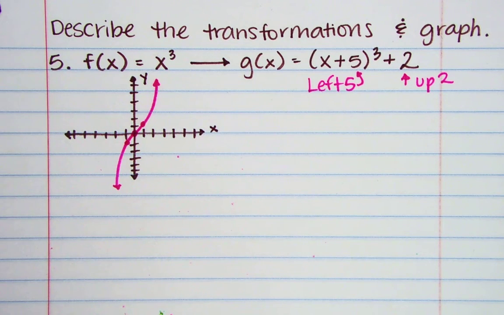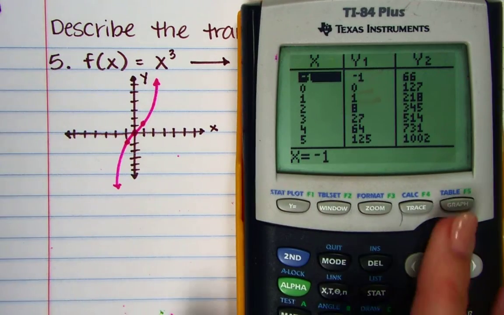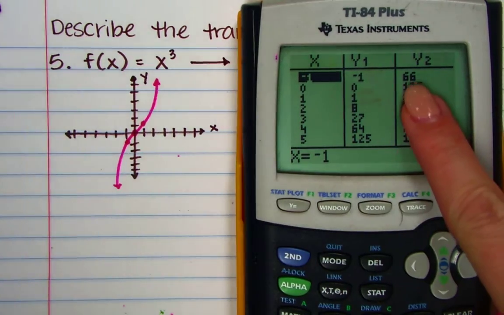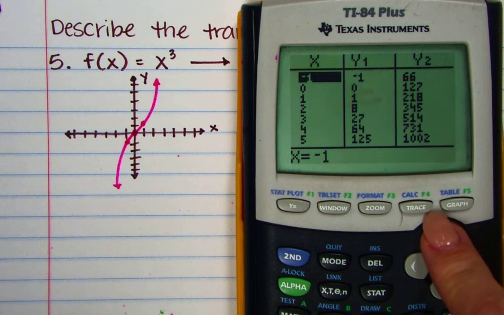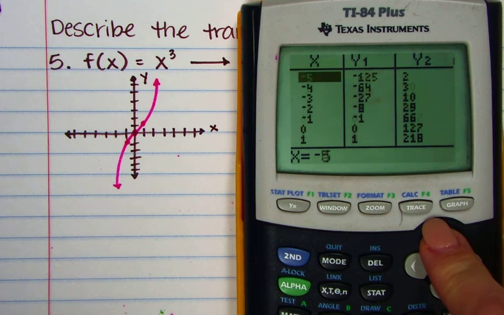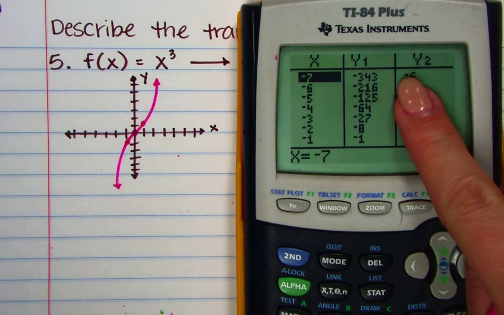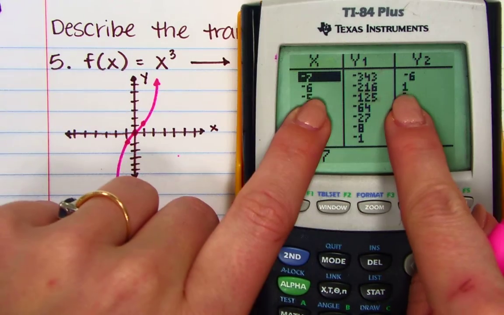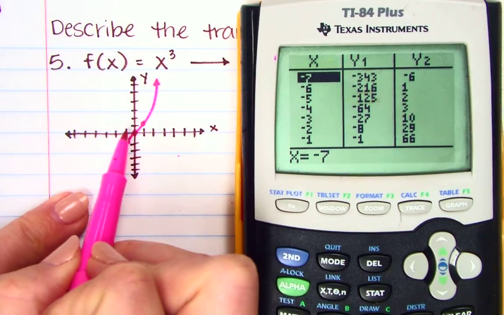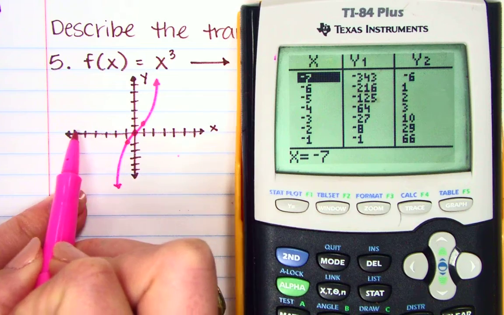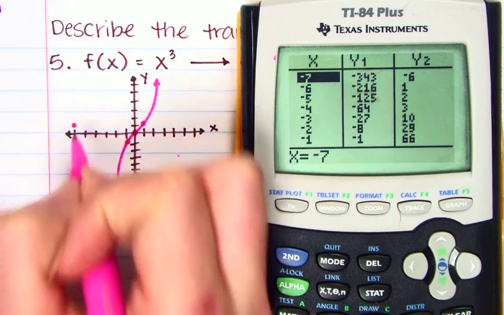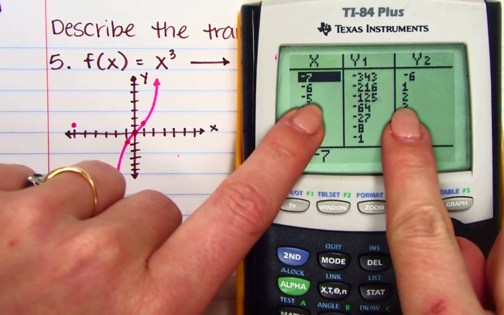Then to draw my second graph, on y2, if I look over here, these numbers are way too big, but I can see if I go up, they're going to get smaller. And here are the small numbers. I can do -6, 1. -5, 2.